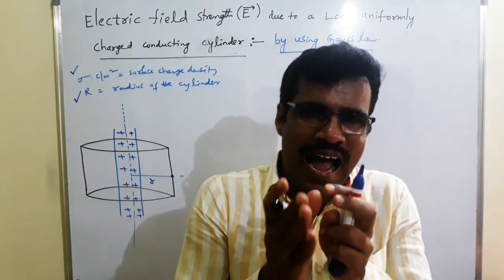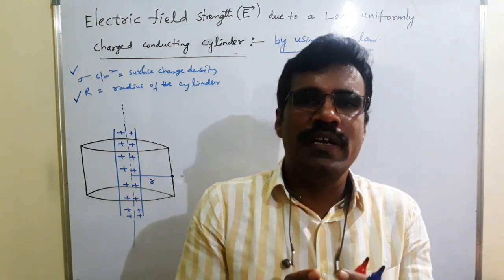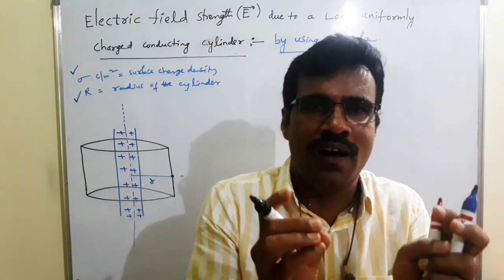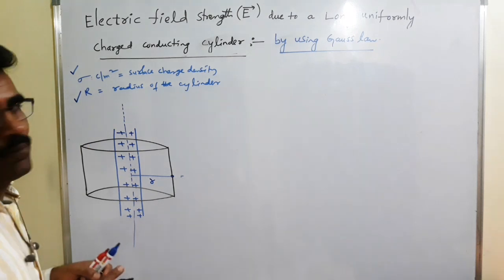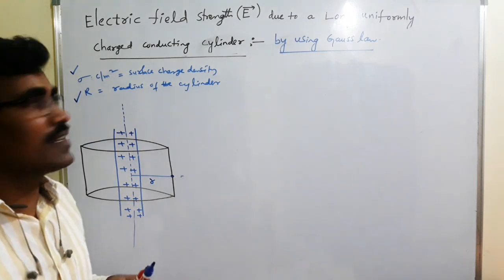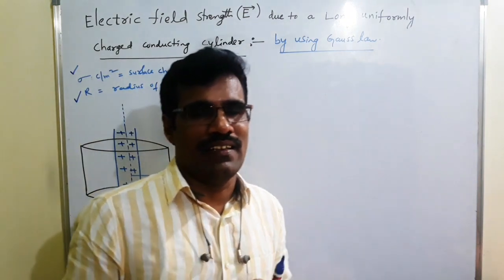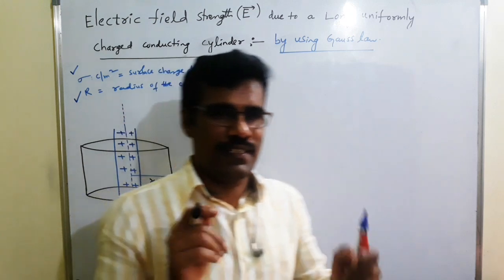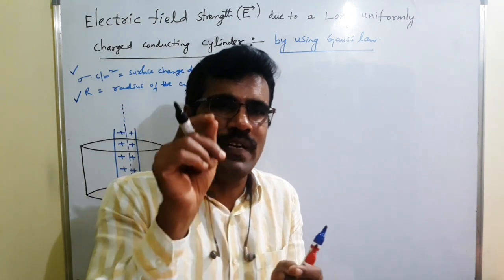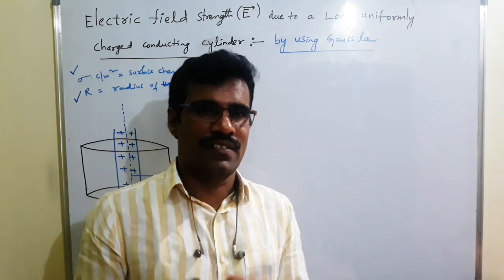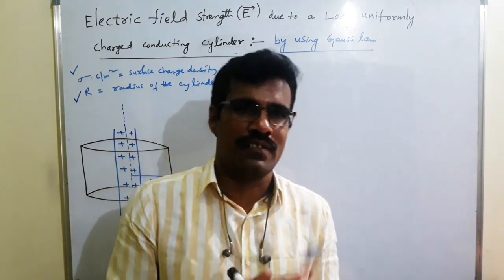That means the angle between E bar and ds bar must be the same at all points on the Gaussian surface. That is the limitation of Gauss law. Gauss law is applicable for symmetric surfaces, and on the Gaussian surface E bar must be the same in magnitude. The angle between E bar and ds bar must be the same at all points.